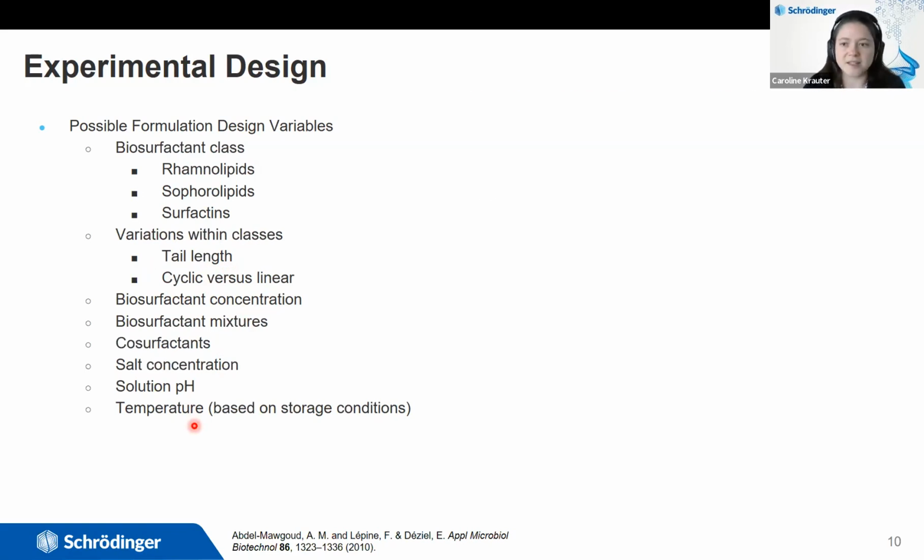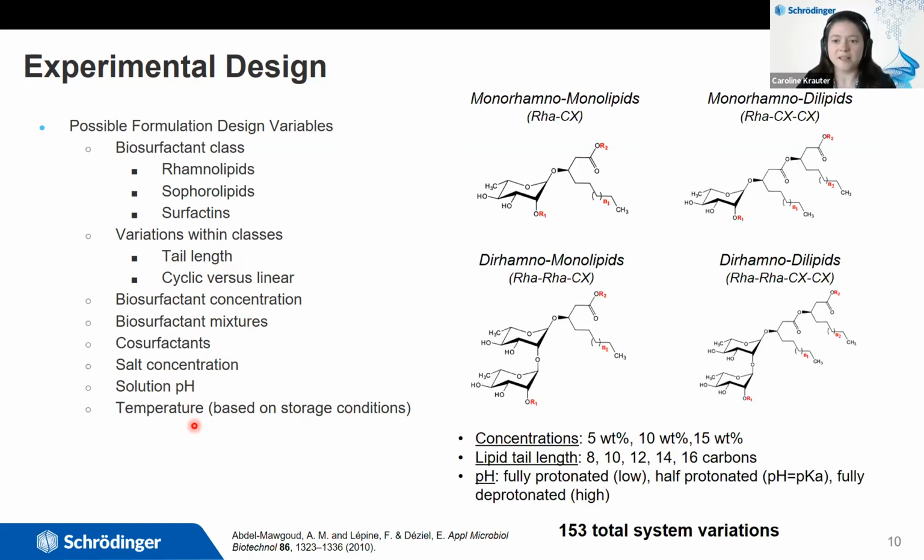So for this initial study, we decided to start with a defined chemical space and also a processing mixture space that is summarized here. A reference down here is a review of rhamnolipids that are known and accessible through biotechnological approaches.